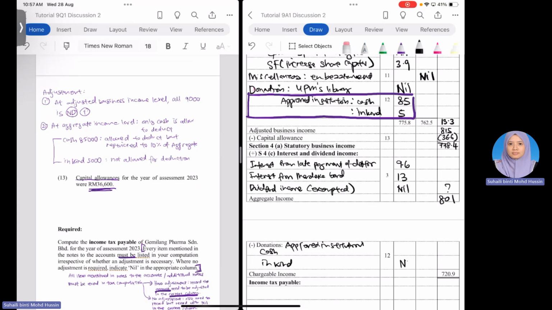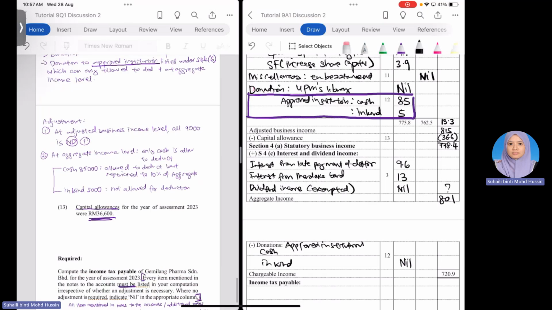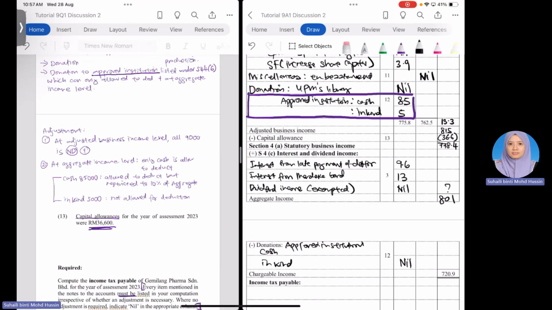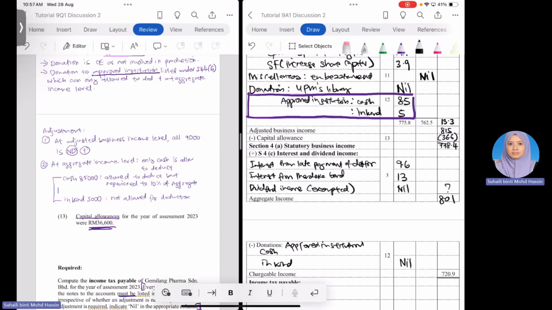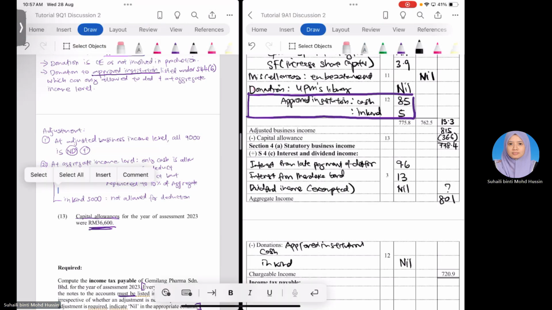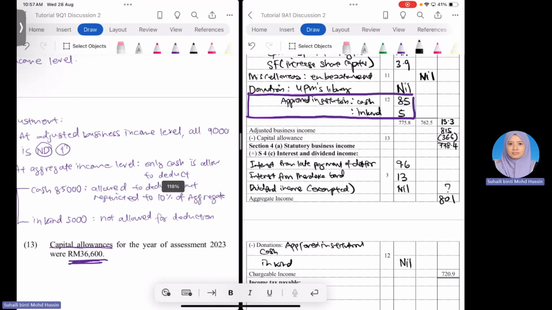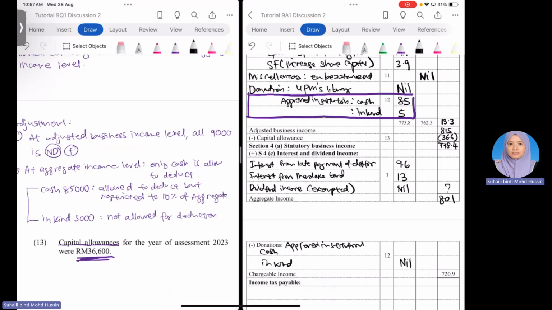So I put nil. In-kind donation is automatically not allowed for deduction. But for the cash donation, yes, allowed for deduction, but only restricted to 10% of the aggregate income.